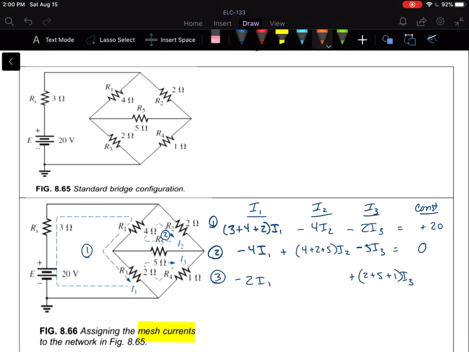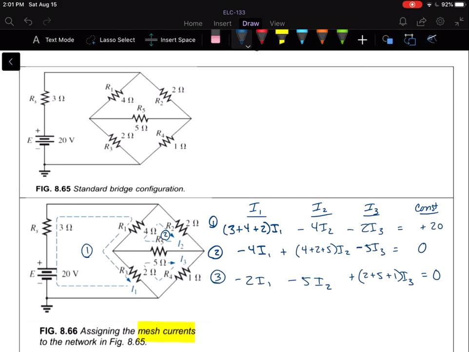And then our I2 term is going to be whatever I2 and I3 have in common, which is that 5 ohm resistor, so minus 5 I2. And then on the right-hand side of the equation would be the constant coming from any voltage source connected to that mesh, and there is none.